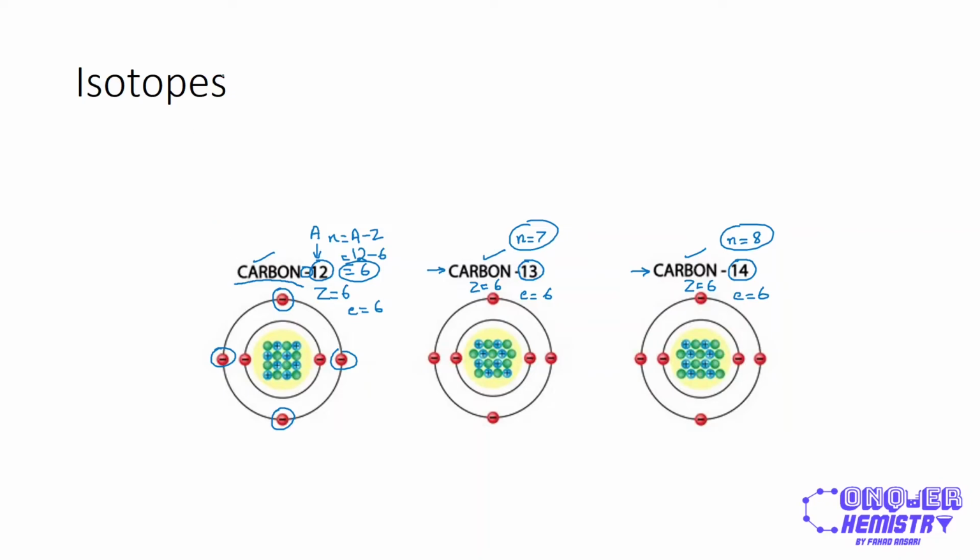Isotopes can be classified broadly into 2 types. We have stable isotopes and we have radioactive isotopes. Radioactive isotopes are those that are unstable. Their nuclei are unstable, because of which the nucleus emits certain types of radiation, such as alpha particles, beta particles, or gamma rays.